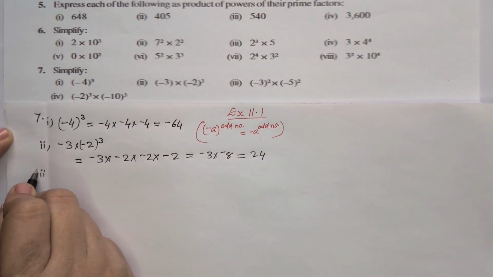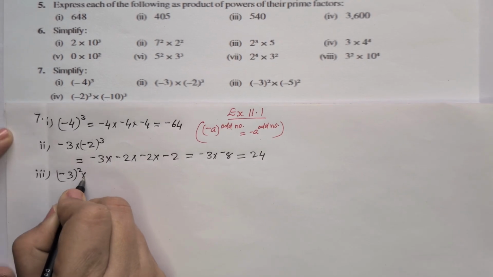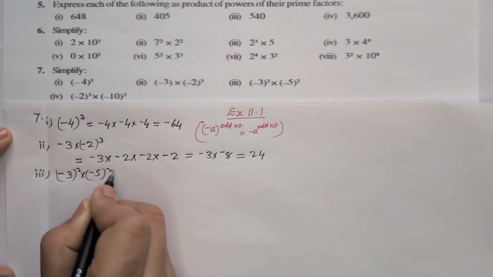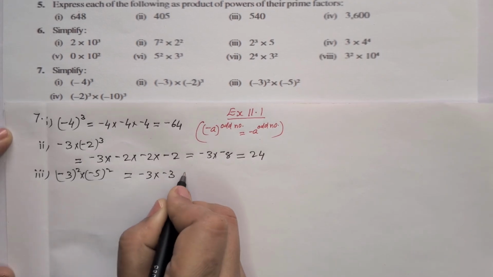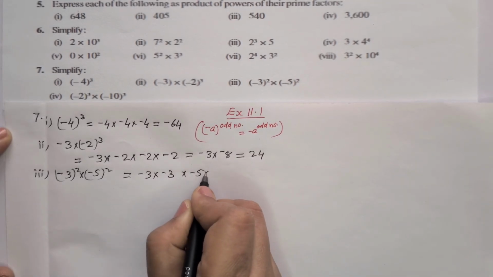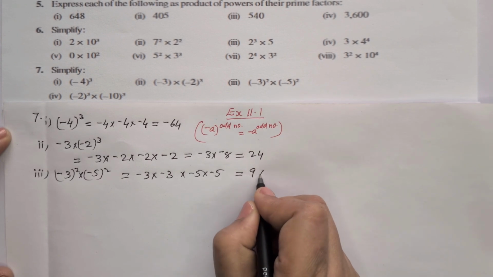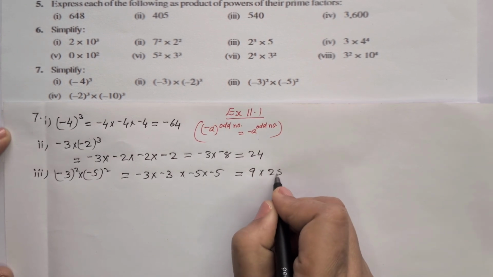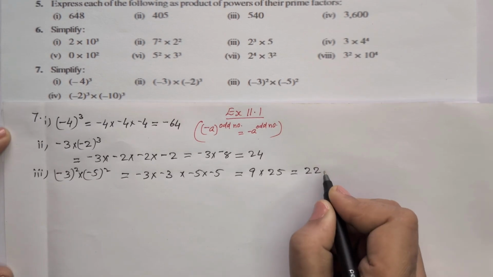Next one, -3 square into -5 square. Here -3 square means -3 into -3, that into -5 into -5. -3 into -3 is 9, 5 into 5 is 25. So which is equal to 225.